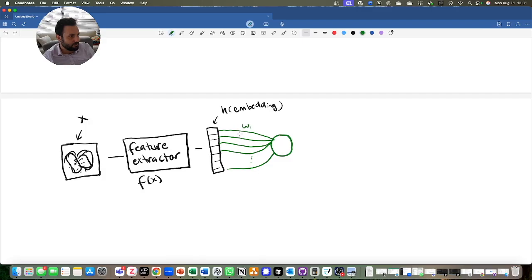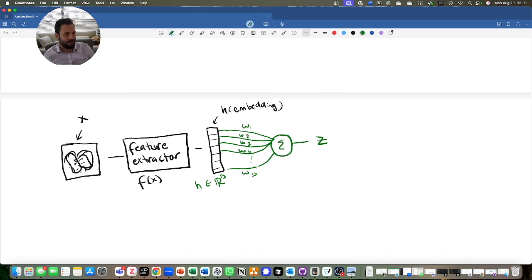And then I will do a weighted sum, with weights w_d, where this h is in R to the D. And then I sum them and I get my Z. This Z is going to be used for my classification, right?